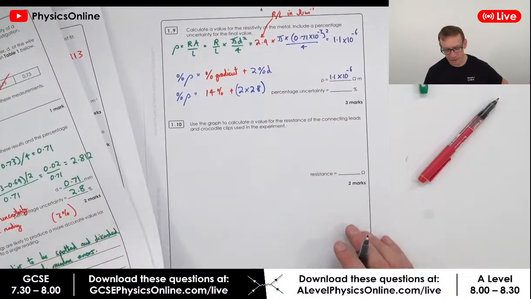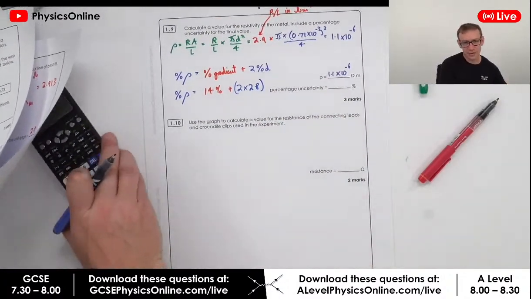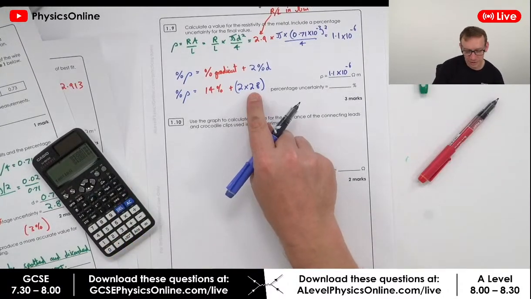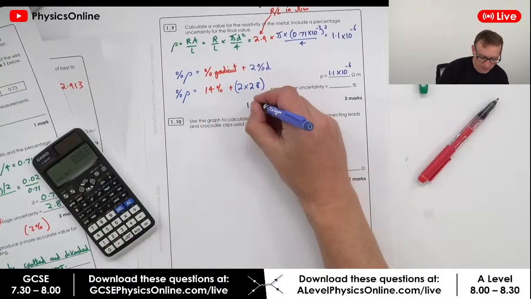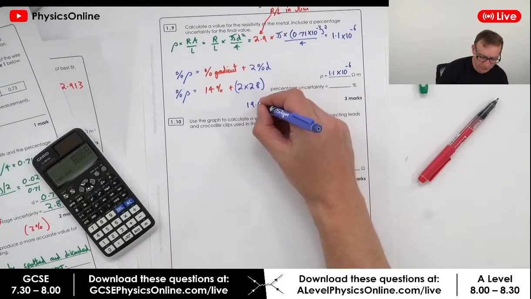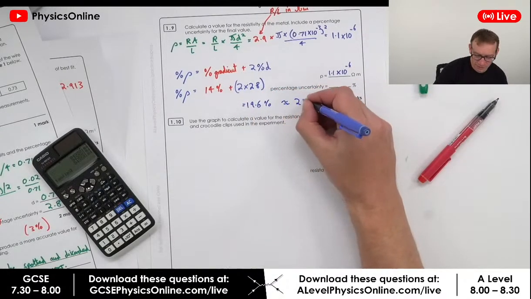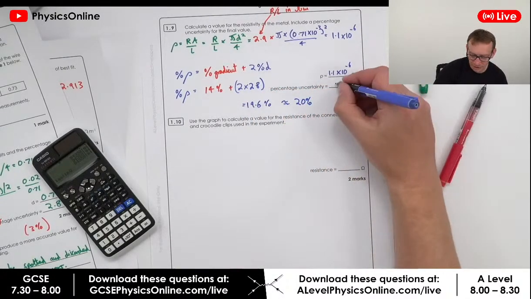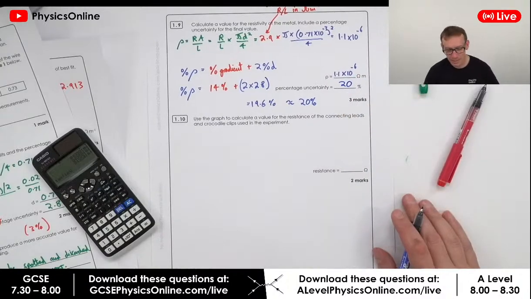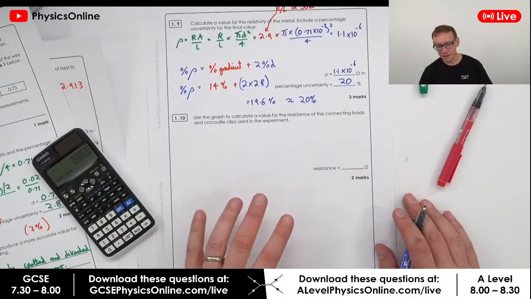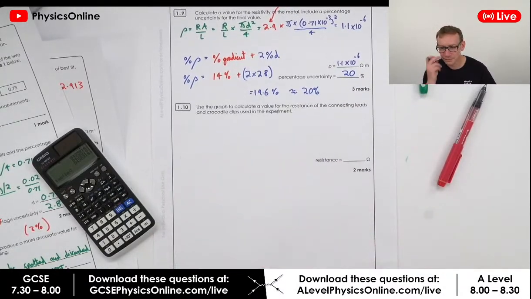Okay, so we just add the numbers together. So 2 times 2.8 is 5.6. 5.6 plus 14 is going to be about 19.6%, which is approximately equal, to two significant figures, to 20%. So the percentage uncertainty in the resistivity in this case is about 20%.